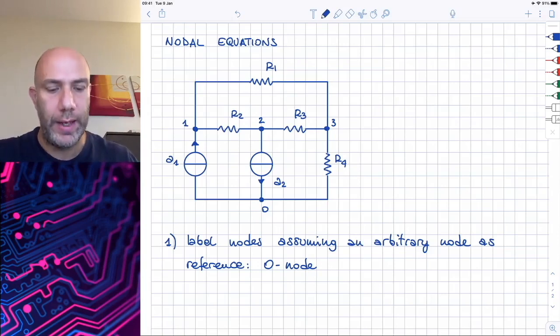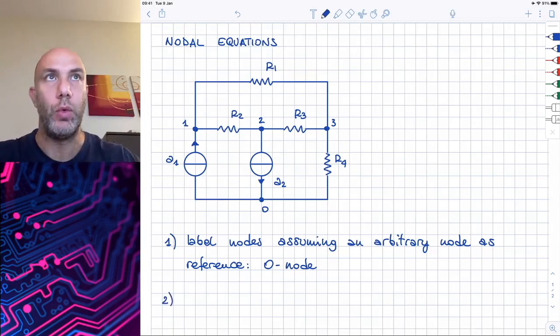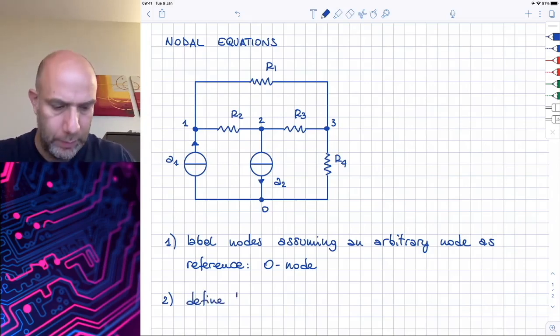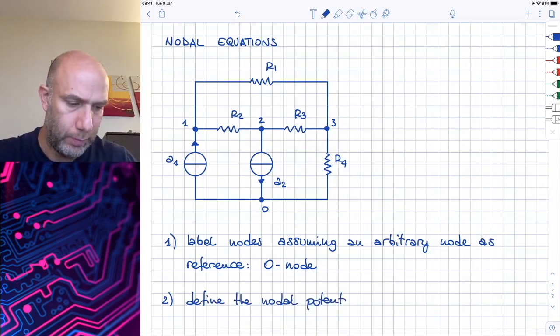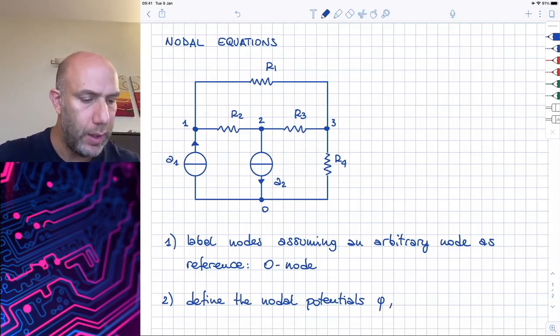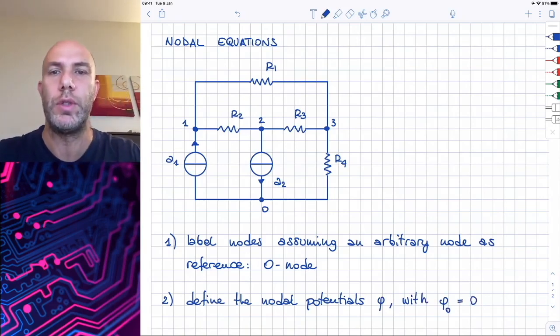Once we have defined nodes, the second step is that we can assign to each node a specific value of potential that is unknown at the moment. Let's call these potentials phi, and the reference node has a value of potential phi 0 that is arbitrary, and let's put this value to 0.